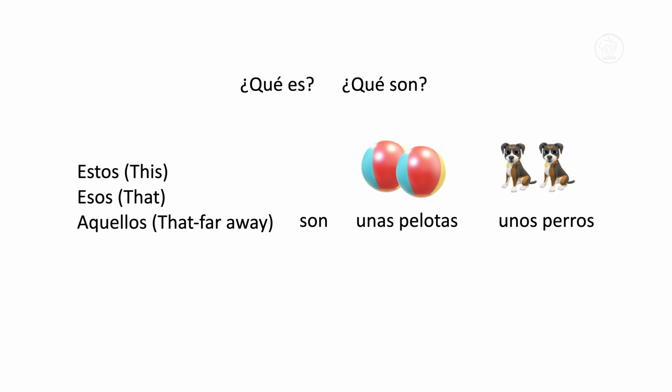Aquellos son unas pelotas. Aquellos son unos perros. So again, you could see that when referring to plural feminine words or masculine plural words, we use estos, esos, and aquellos, because these words are gender neutral.